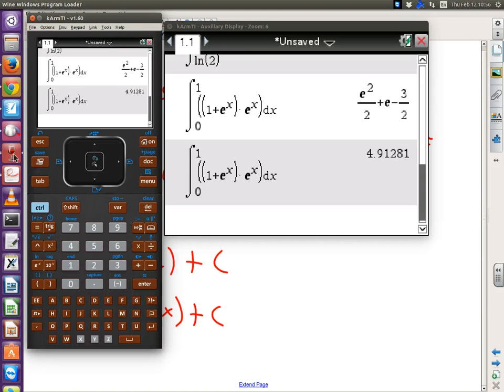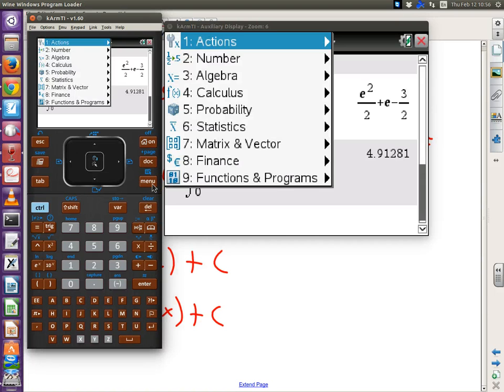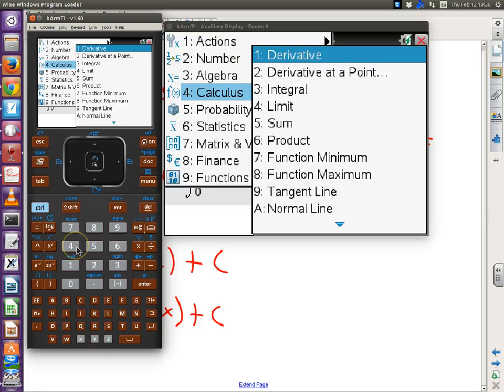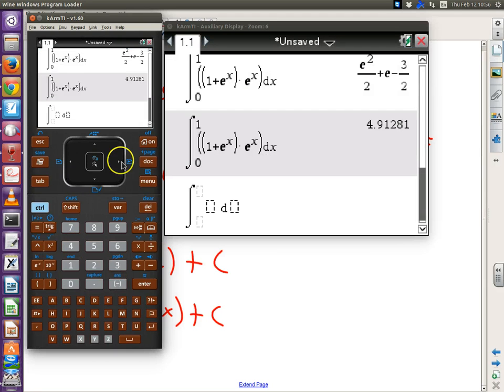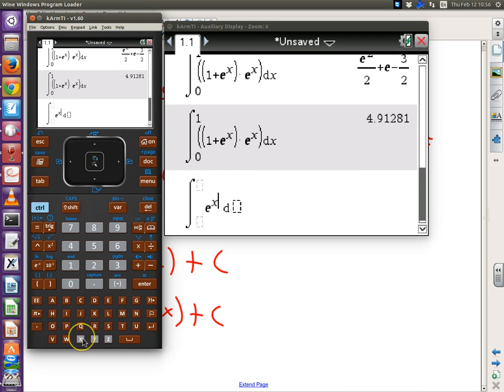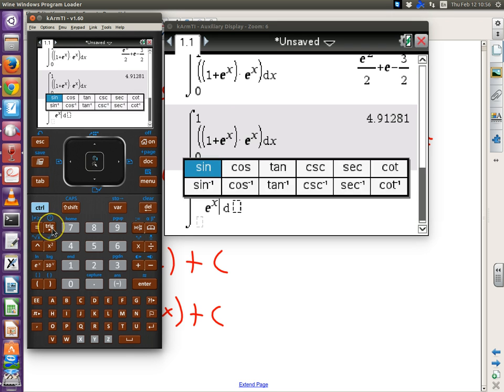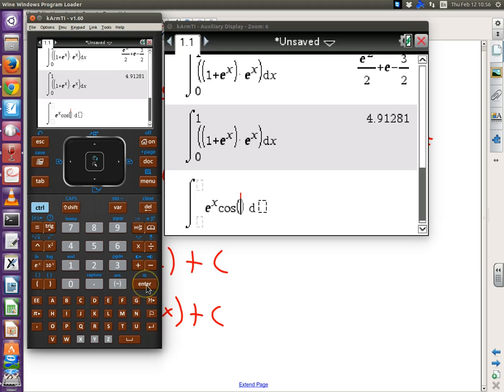And just for fun, practicing the calculator stuff. Now let's do an integral without bounds, right? So menu, calculus, integral. Don't fill in the bounds. And it was e to the x, and then get out of the exponent, times the cosine of e to the x.